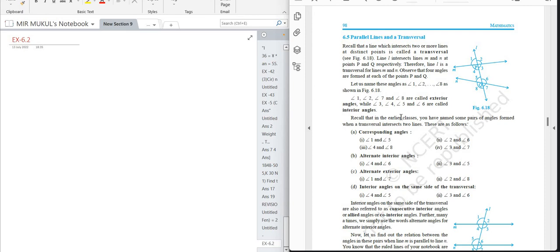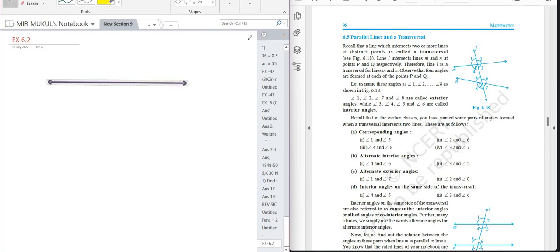So today we are going to start parallel lines and a transversal. So first we'll understand what is parallel lines, right? So just take two lines.